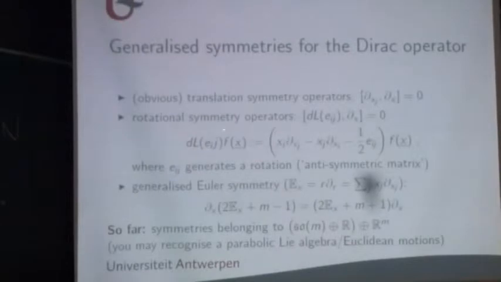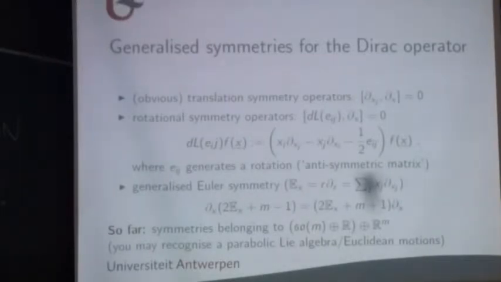Secondly, they are rotationally invariant. So I wrote this as this relation here. The Dirac operator commutes with these objects here, dL_ij. Now dL_ij acting on a function, here's a technical detail, it works like this. It is not too important to remember the precise formula for the action, it's just a detail.